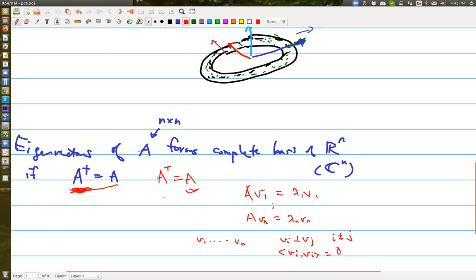You've probably heard of it before, but maybe you don't remember. Basically, the Hermitian of a matrix is the transpose followed by a complex conjugate. This is a generalization of the transpose. If you have complex matrices, you will be interested in the Hermitian rather than just the transpose.